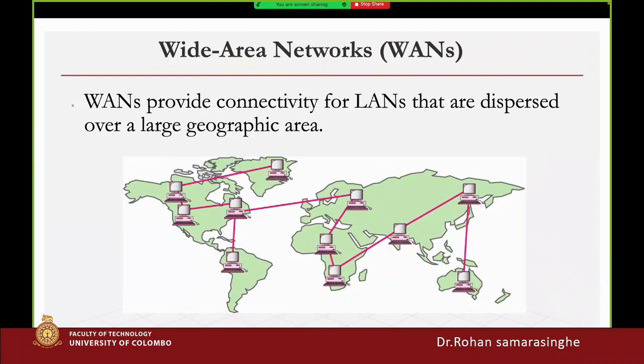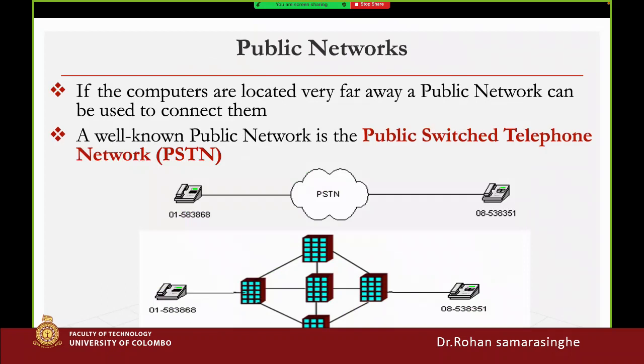This is a universal network. We can find the public switched telephone networks, but these are no longer used. I just want to show you that before, we used telephone lines to connect to the network. If the computers are located very far away, a public network can be used to connect them.